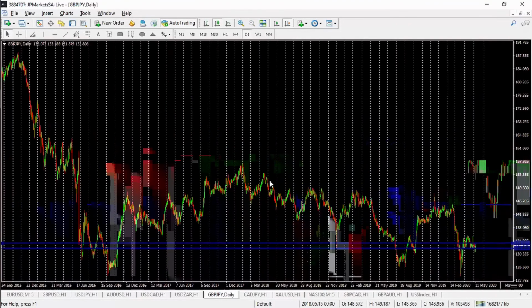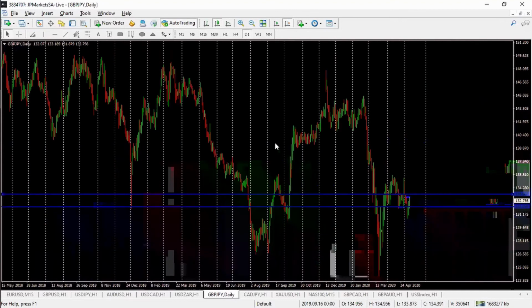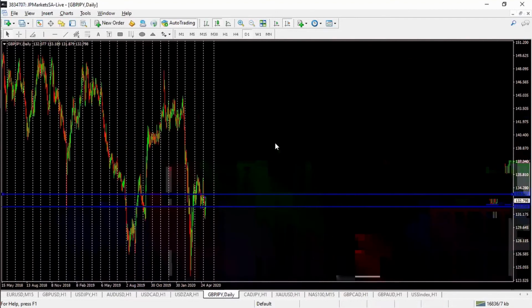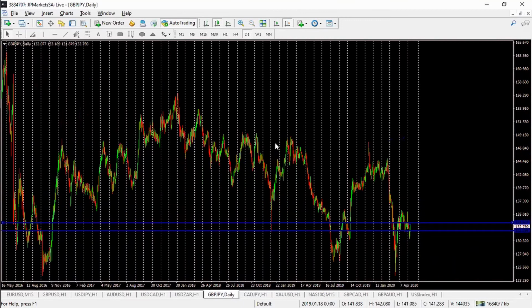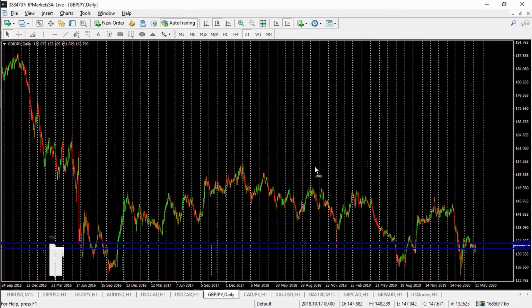If I was to go into a daily and zoom out, you'll see, for me, I wouldn't say on a lower time frame there's a trend. I'll regard it as a consolidation.